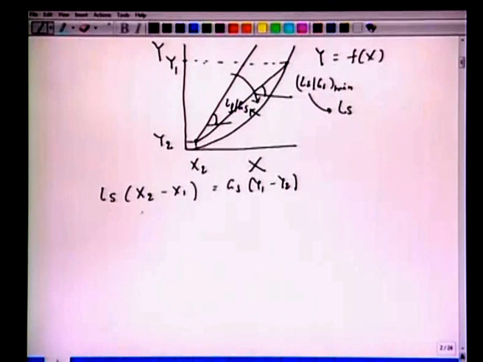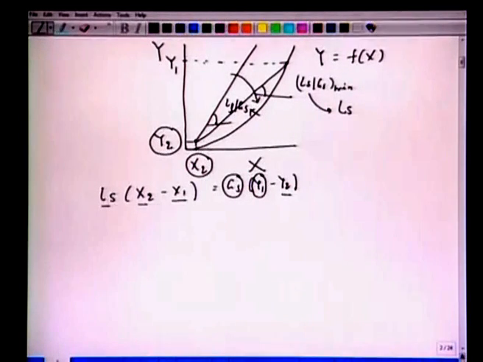In this most typical problem, y2 and x2 are known, the gaseous phase flow rate Gs is known, y1 is known. So the unknowns are Ls and x1, but at this location where the operating line intersects the equilibrium curve, we also have the equation y1 equals f(x1).